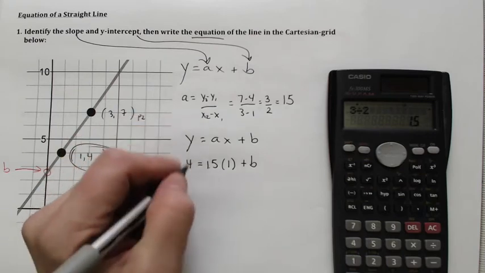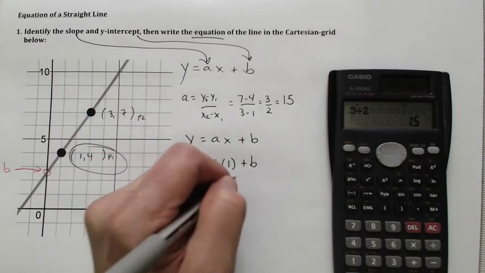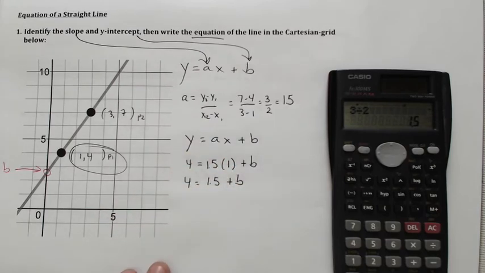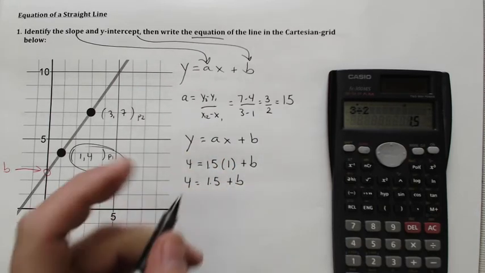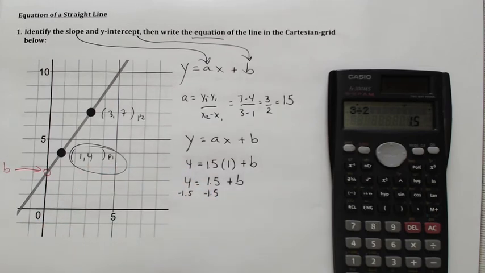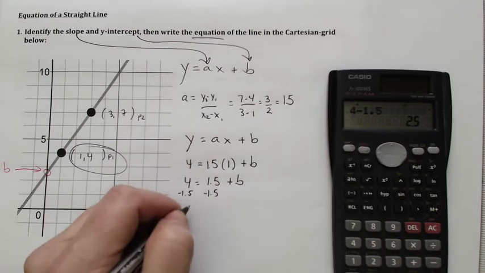Now I'm going to solve for the b. So 4 is equal to 1.5 times 1, which is 1.5, plus b. Now I have to subtract 1.5 from both sides. And when I do that, 4 minus 1.5, I'm going to get 2.5 for the b.